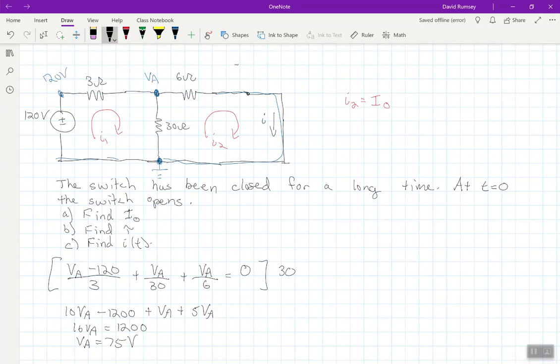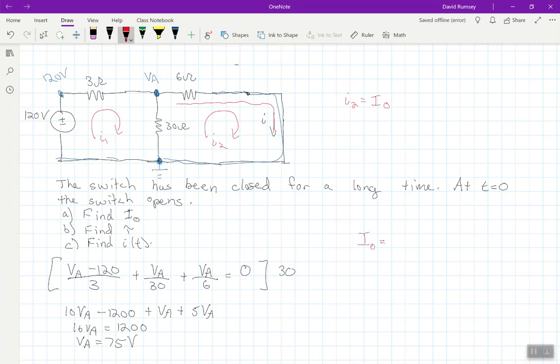Now, some of you might be saying, well, why did I bother finding VA? I'm trying to find this current I. Yes, we are trying to find that current I, but if I trace that current back, it's the current flowing through that 6 ohm resistor. So I know my initial current is just the current through the 6 ohm resistor.